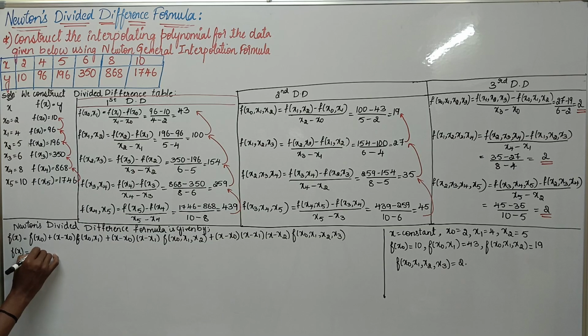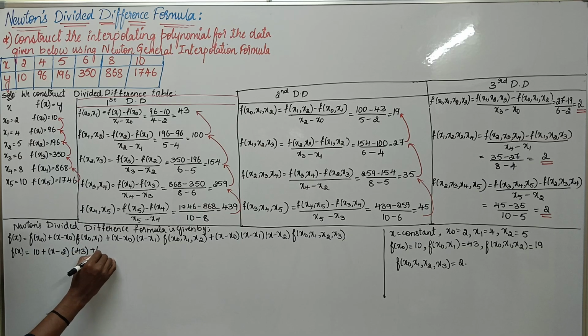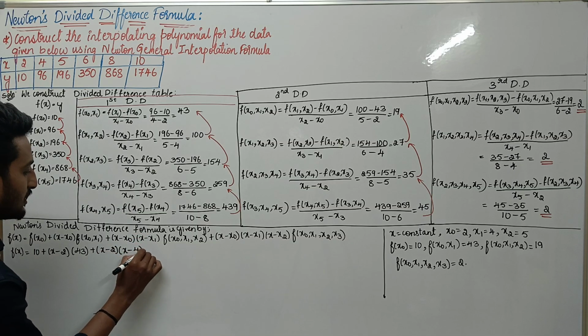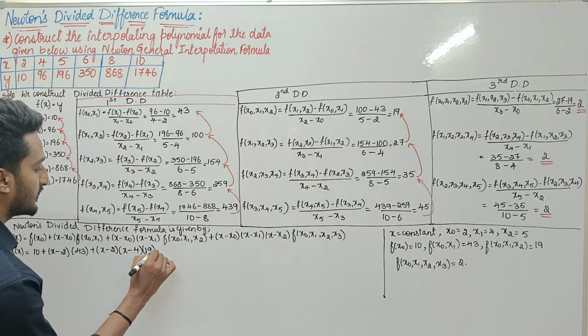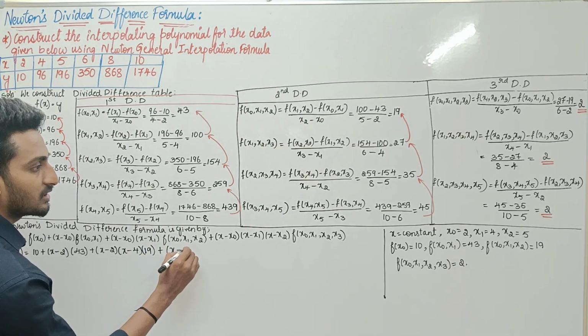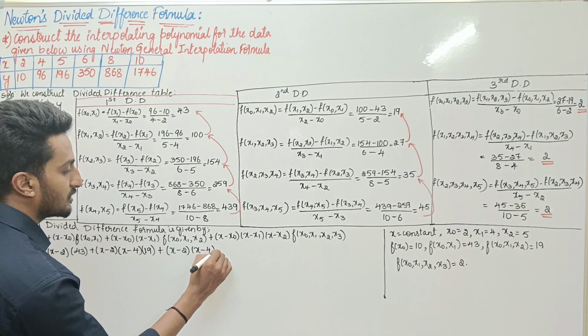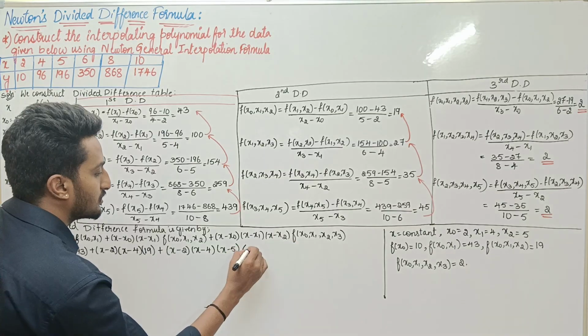I have 10, plus x minus x naught, which is 2, into f of x naught comma x1, that is 43, plus x minus 2 into x minus x1, which is 4, into f of x naught comma x1 comma x2, I have 19, the second divided difference, plus the third divided difference, x minus 2 into x minus 4 into x minus 5. In this place the third divided difference value is 2.